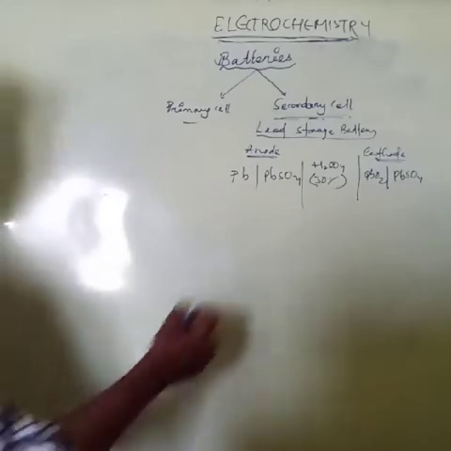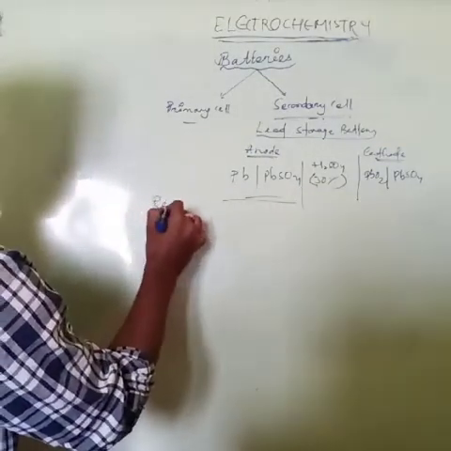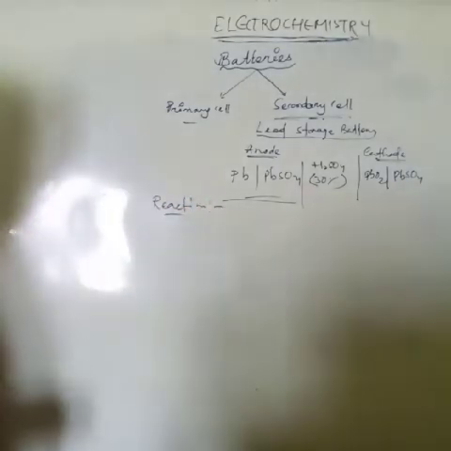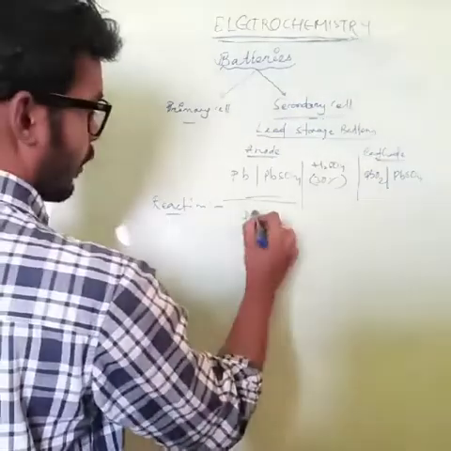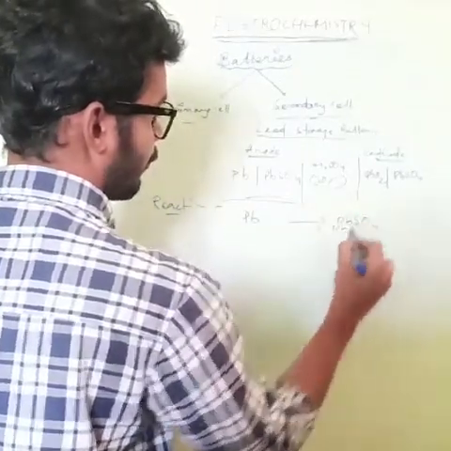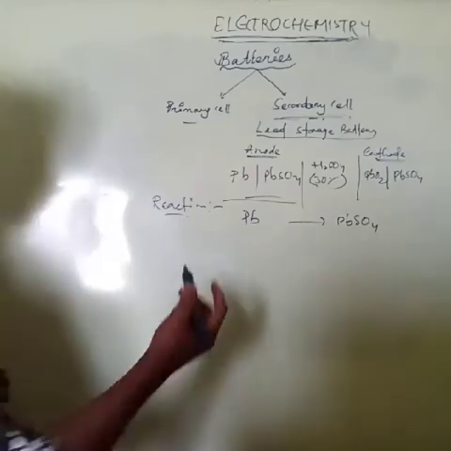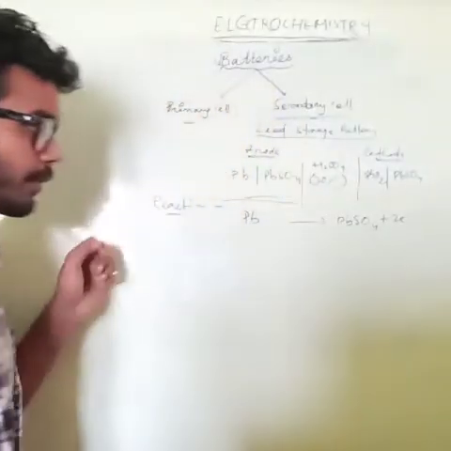So what happens in the anode reaction? Pb is getting PbSO4. How? Simply Pb to PbSO4 means it is losing 2 electrons.